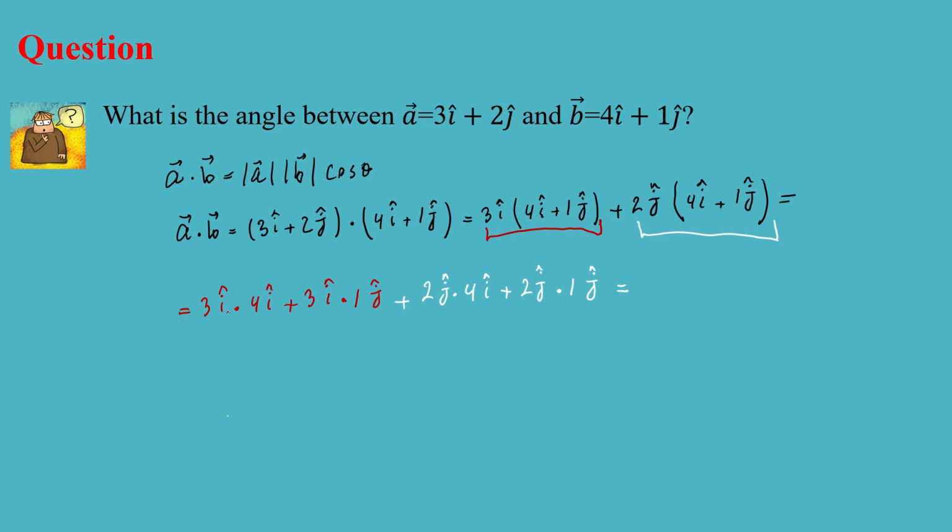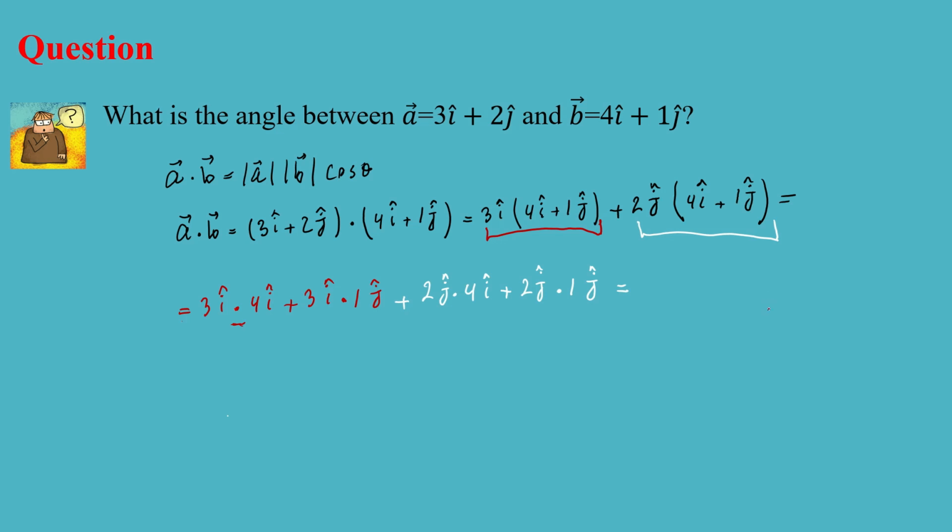So here you should be careful. We have unit vectors, right? So this right here is the dot product of two vectors. That means 3i times 4i times cosine theta between them. Let me break it down for you.